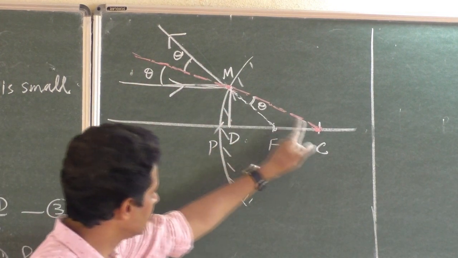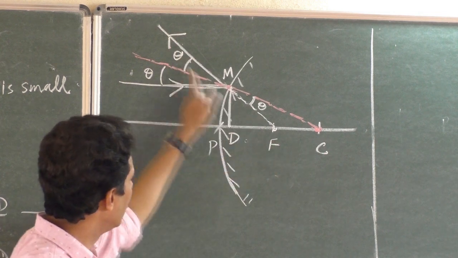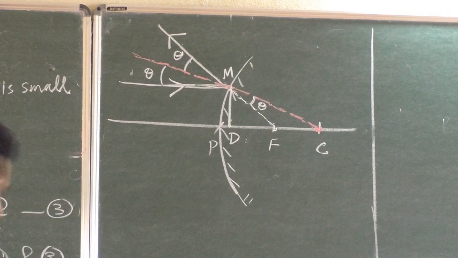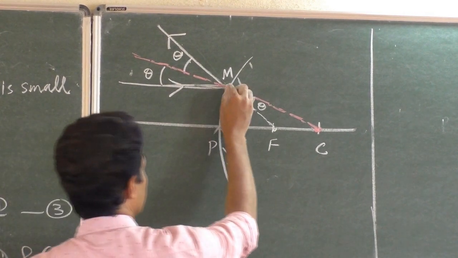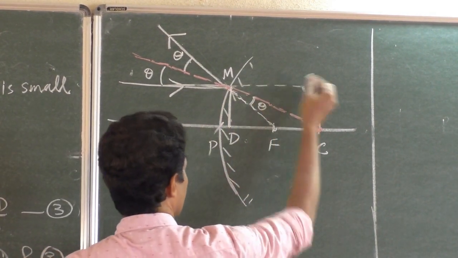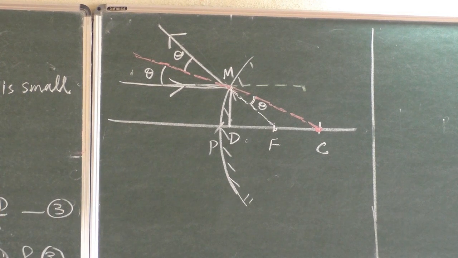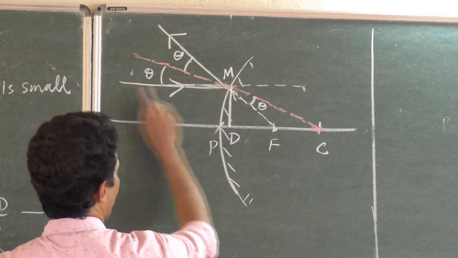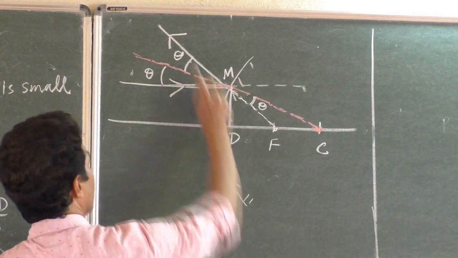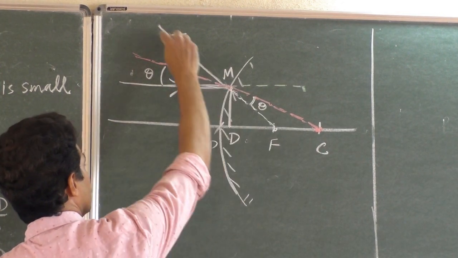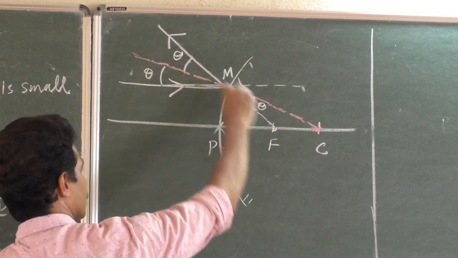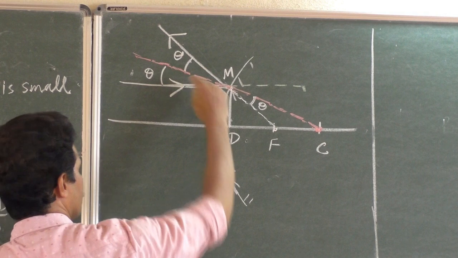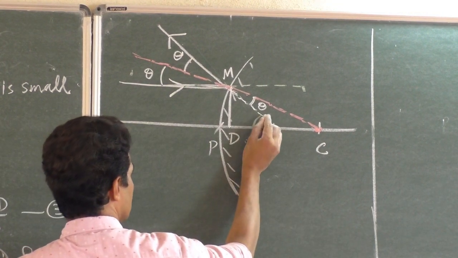A straight line, vertically opposite angle, theta. And now if I proceed this simply, for my understanding, like this, I can write it as 2 theta. A straight line, a parallel straight line, and this is a bisector, correct? This reflected ray is a bisector which appears to come from the focus. So shall I write this as 2 theta?